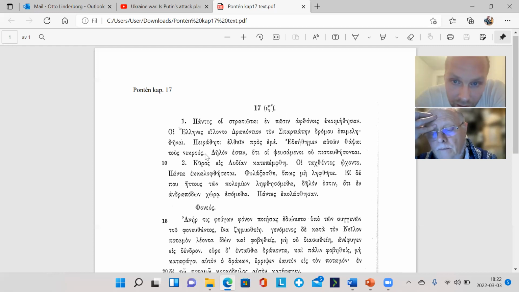So how would you analyze this? Tachthentes. It's an aorist participle, and the voice? Passive. So an aorist passive participle, exactly. Those who were drawn up in battle. Exactly. And this then?